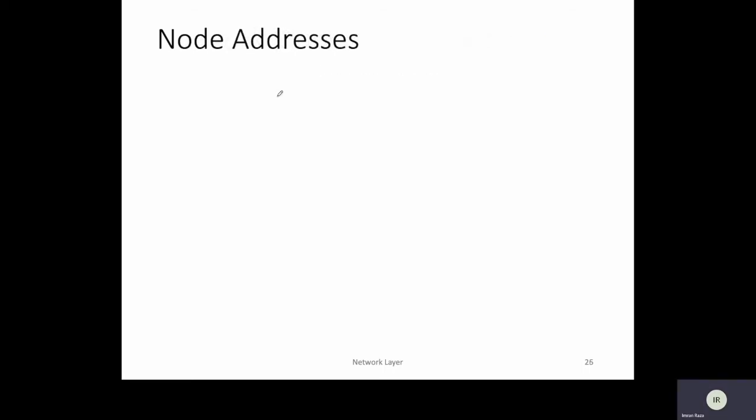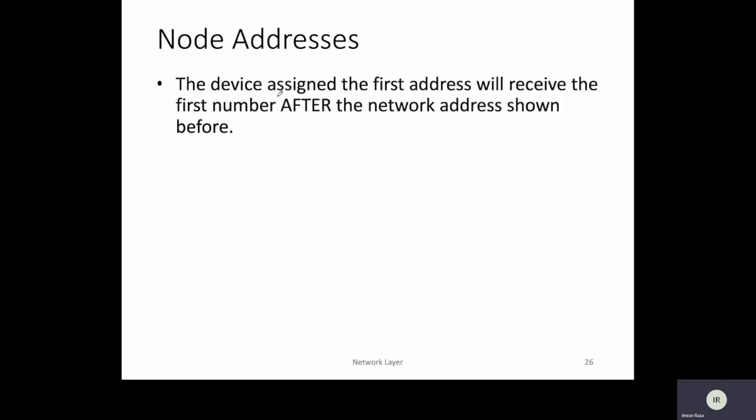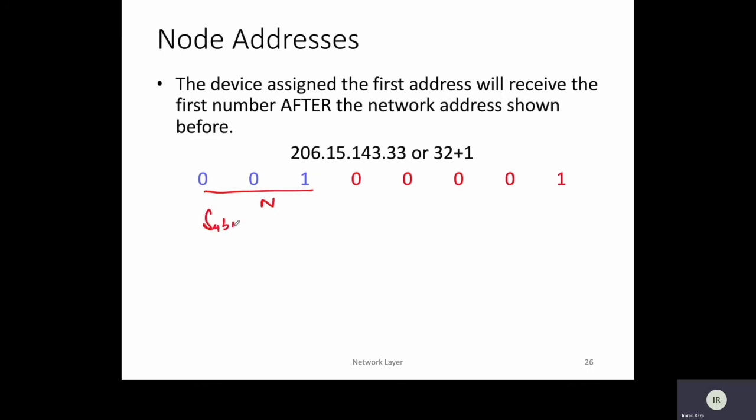Now the third step is to assign addresses to the nodes, right? So again, let me present to you the scenario in the last octet, because we are playing with the host portion, right? So this color here is representing the bits for the network part, or let me call it, these are the bits representing the subnetwork, right?